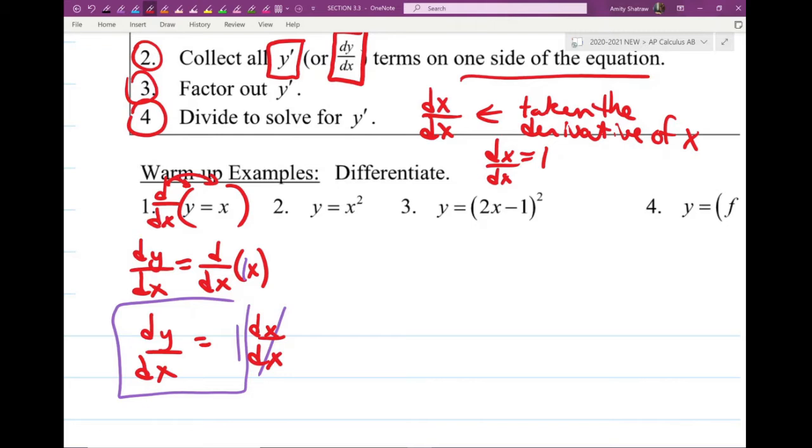So y equals x squared. I'm going to say, hey, the derivative of this is dy dx because why? Why is that the derivative? Well, if I take the derivative of y, if I take the derivative of 1y, well, then I should get a 1. And so there is technically a hidden invisible 1 here.